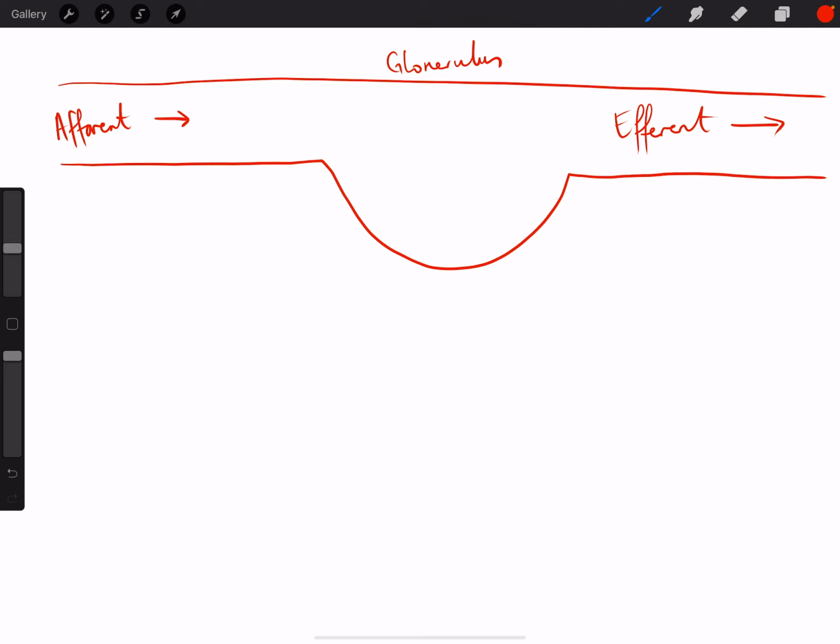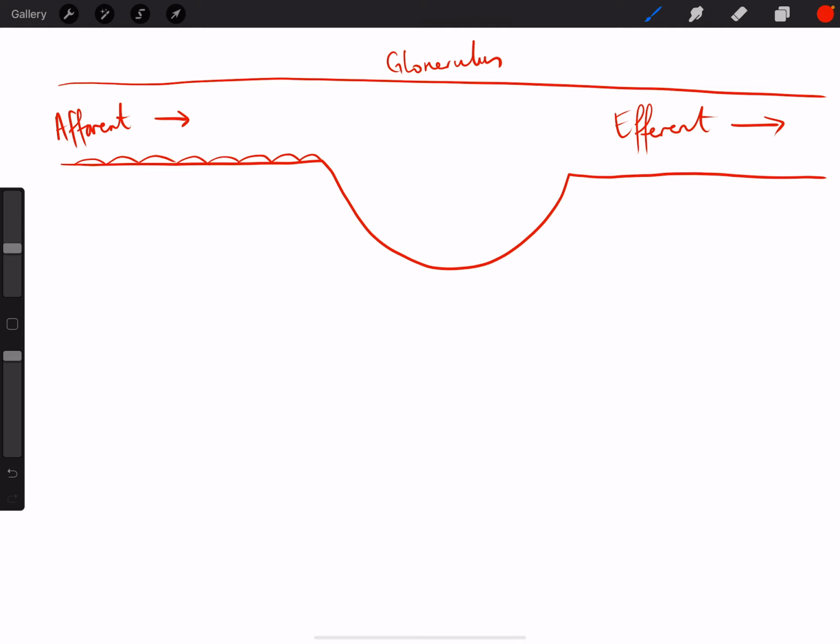So the first layer, the first thing that allows for us to filter the blood, because again, not everything comes out, it's very selective. Inside blood vessels, you have epithelia. Because remember, epithelia lines hollow organs. That includes blood vessels. Now, the epithelia that lines blood vessels isn't called epithelia because we like to make things difficult for you. It's called endothelia. So I'm drawing it up here.